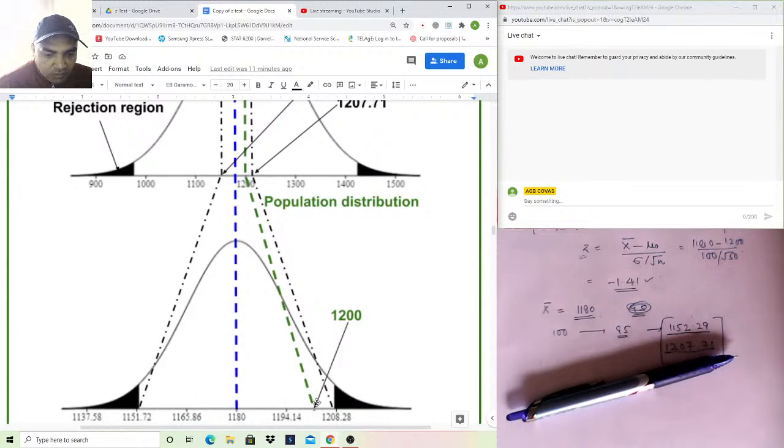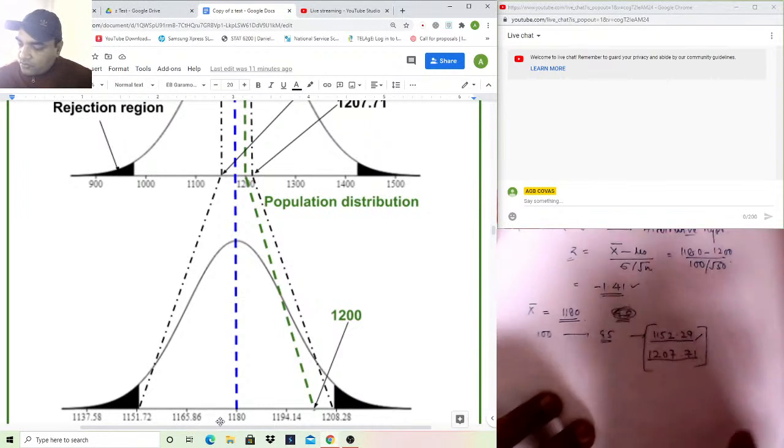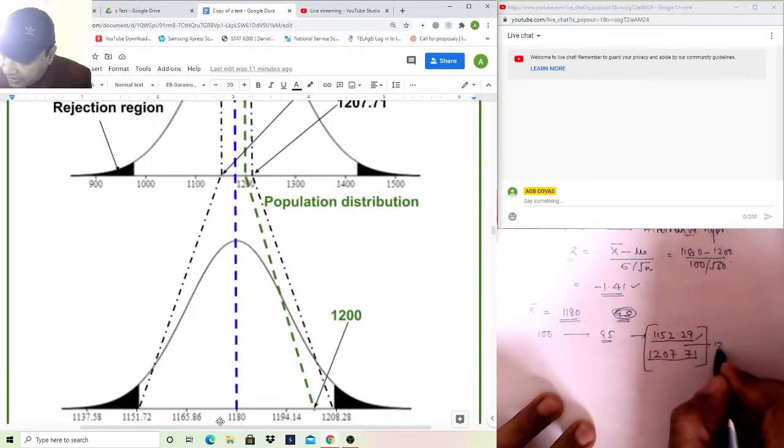So your value, this 1200, lies between these values; it lies in between 1152.29 and 1207.71.